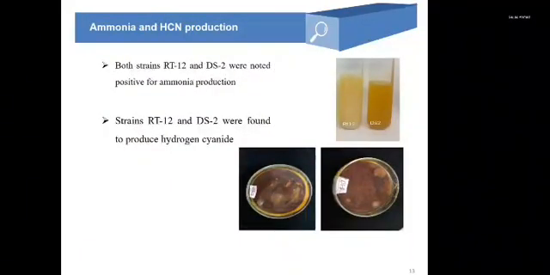After that, we checked the bacteria for ammonia and HCN, hydrogen cyanide, production. Both strains, RT12 and DS2, were positive for ammonia production, and ammonia is very important for plant growth, because plants cannot take up nitrogen in its molecular form, and we know that nitrogen is present in the atmosphere at 78%.